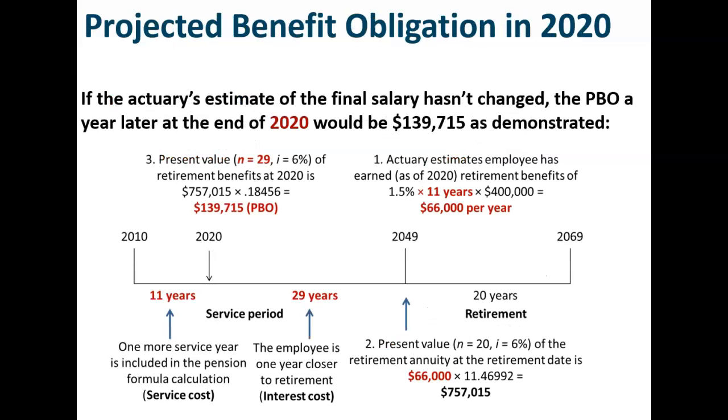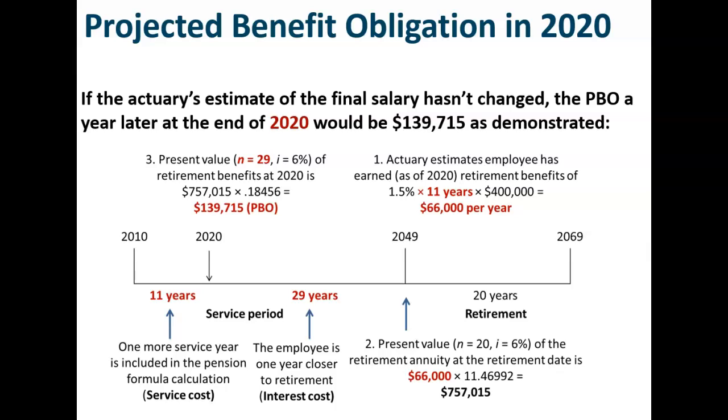If the actuary's estimate of the final salary and the interest rate hasn't changed, the PBO a year later at the end of 2020 would be $139,715, calculated using the same 3 steps.